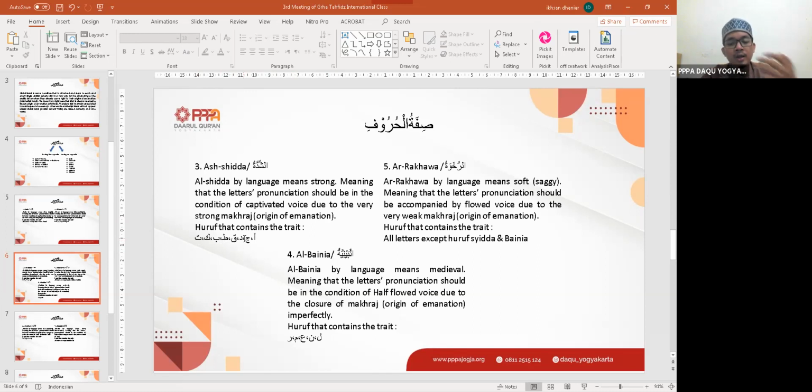You can say ajid qatim bakat, to make it easy to memorize. They are all in the ashiddah because they have a very strong makhraj, and when you try to pronounce them, you will encounter the condition of captivated voice.